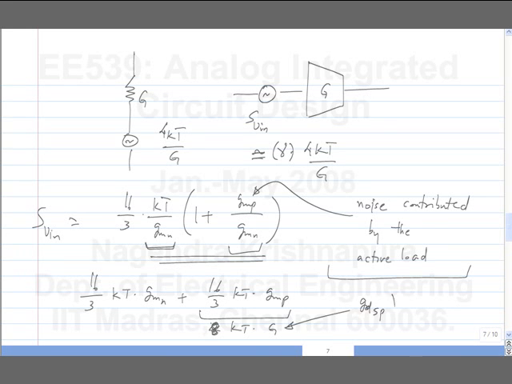So now this GMP can be much more than G. So this would be instead of GMP, GDSP, if we realize an equivalent conductance of GDSP using a physical resistor.